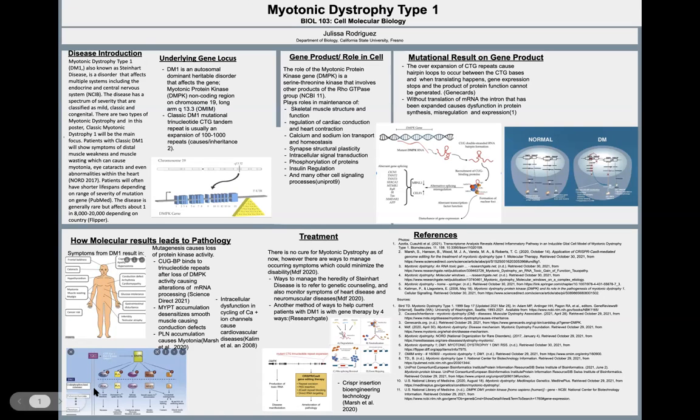CUG-BP binds to the trinucleotide repeats after the loss of the DMPK activity. This causes alterations of the mRNA processing. PLN accumulation causes myotonia. Here you can see right here. Intracellular dysfunction in the cycling of calcium and sodium ions causes the cardiovascular diseases.